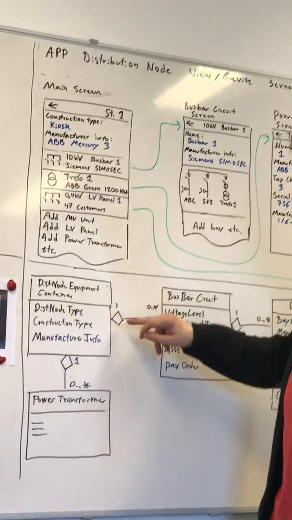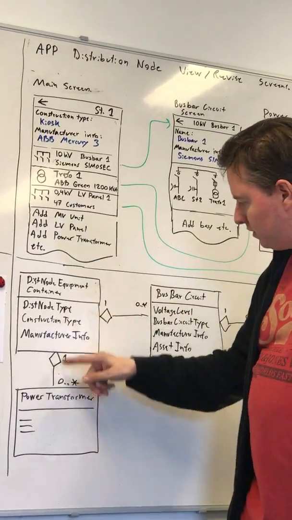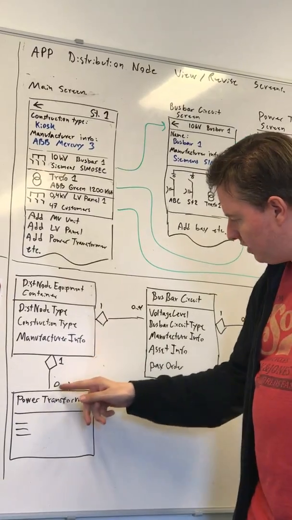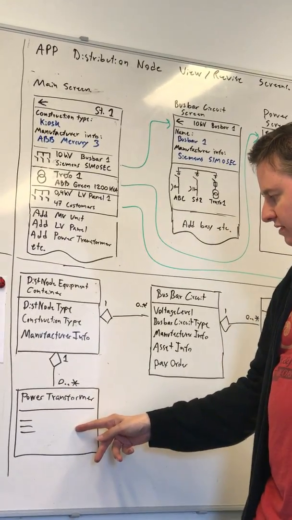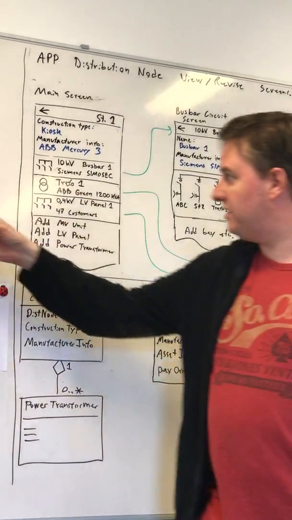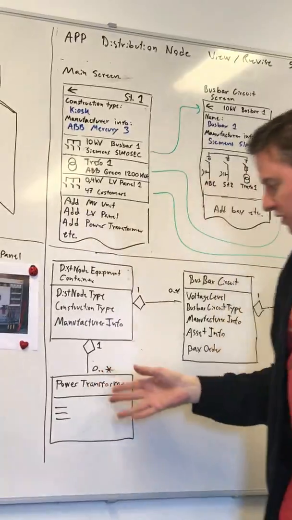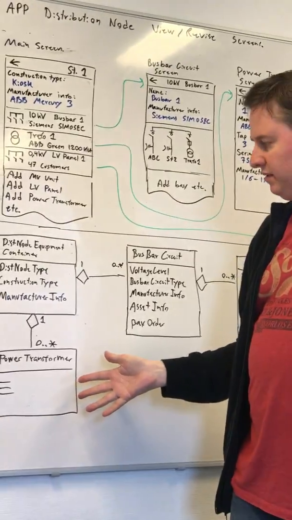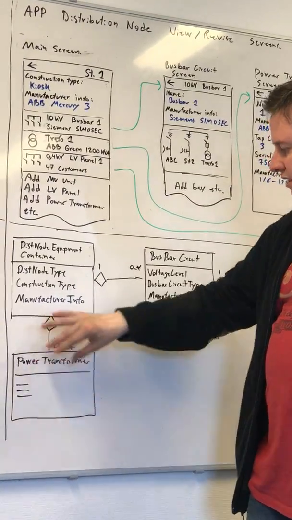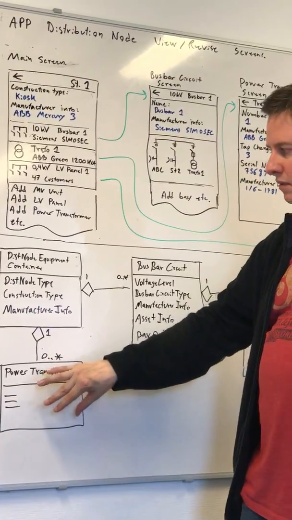And this one contains, if you go down here, 0 or more power transformers. So if it's a substation, it will have 1 or more of these, right? But if it's a cable box, it will not have any power transformers. So then this one will not be there in the data.